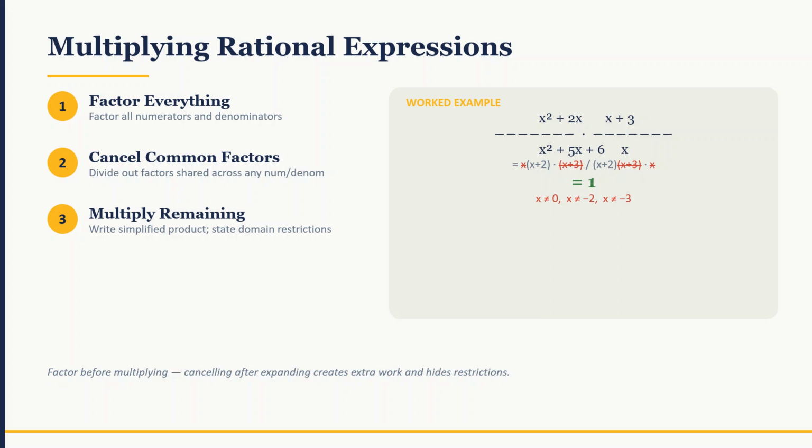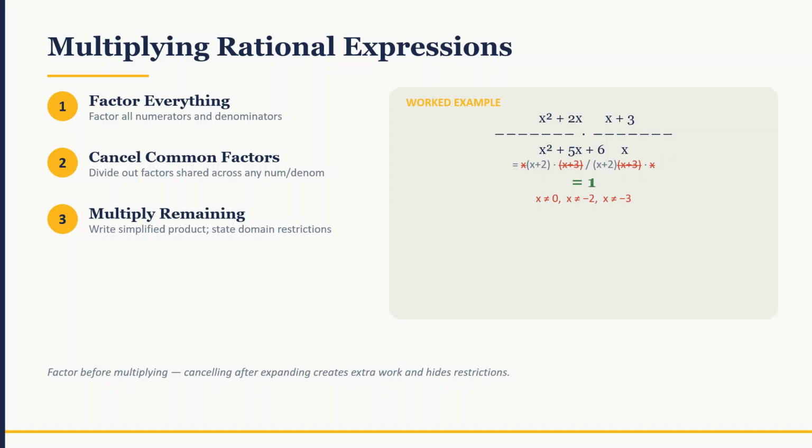The second fraction stays as x plus 3 over x. Step 2. Cancel. The x plus 2 appears in the first numerator and the first denominator, so cancel it. The x plus 3 appears in the first denominator and the second numerator, so cancel it. The x appears in the first numerator and the second denominator, so cancel it.